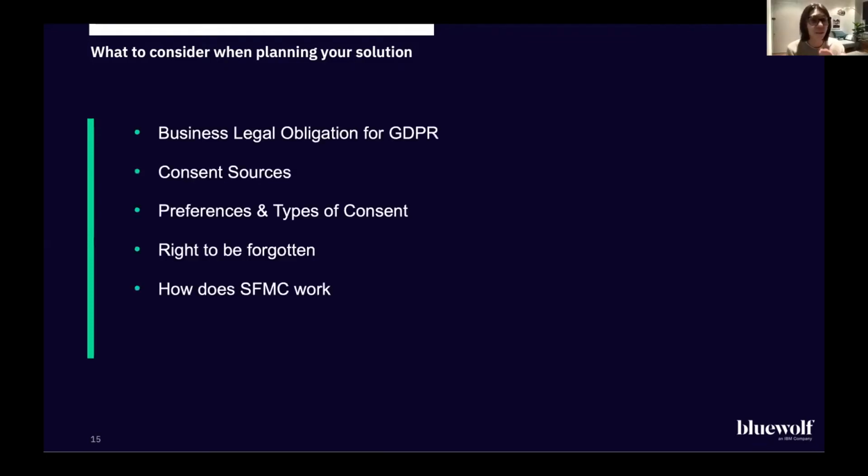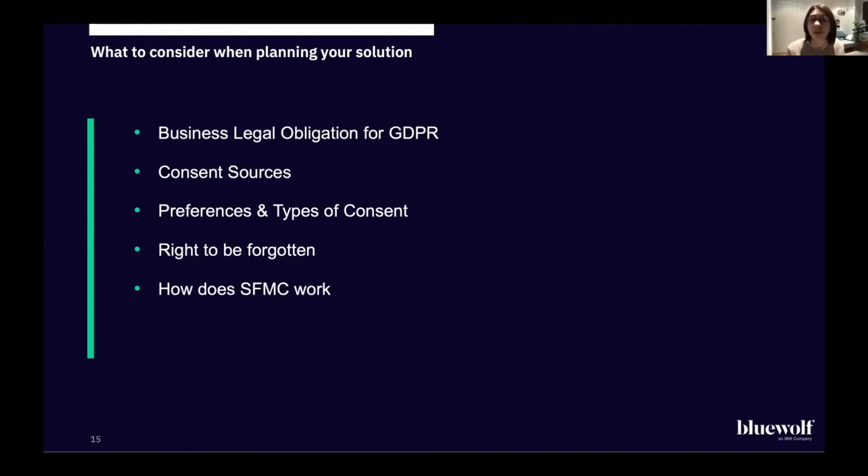So I'm going to reveal them. There are 5 points. The way in which Marketing Cloud works and how you're going to capture the information, that's one of them. The right to be forgotten, as I just mentioned: make sure it's in there when you're planning the full solution. As Chris has said, the type of channel you're going to use, and if there is any sort of preference. Do they want to show only the newsletter, for example?